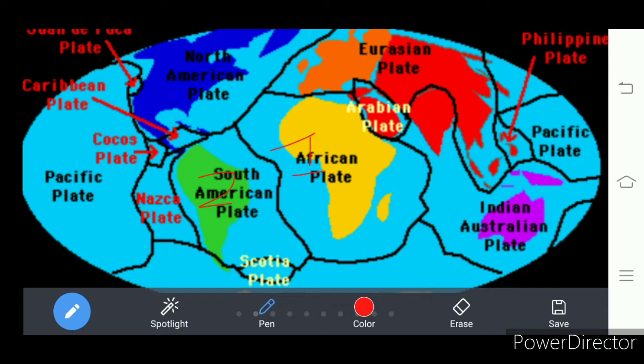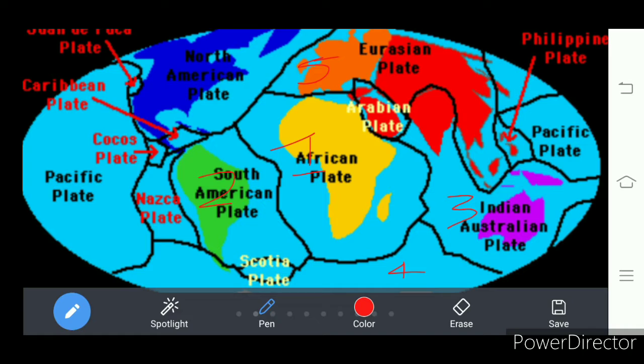Third, Indo-Australian plate, this one. Fourth, Antarctic plate, this, which is at the south. Fifth, Eurasian plate, here it is, that is at the north.